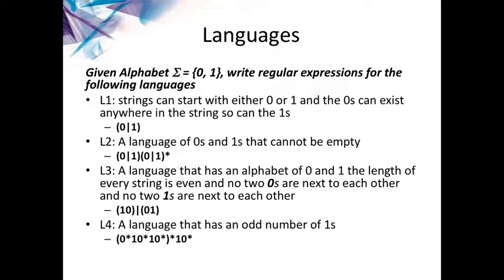And since the string cannot be empty, you have to concatenate it with 0 or 1, as you will see in the lecture. And so on and so forth. That's how we describe languages in the form of regular expressions.